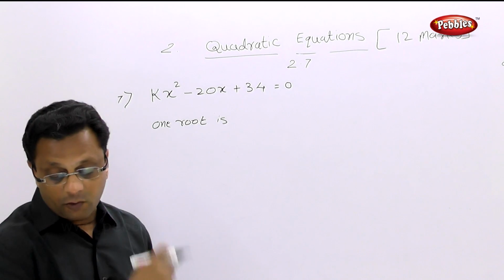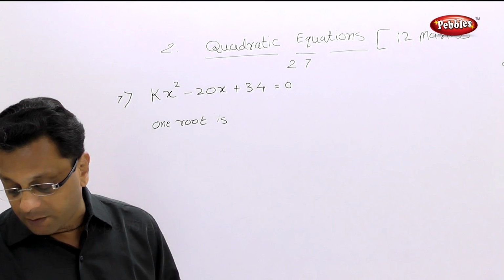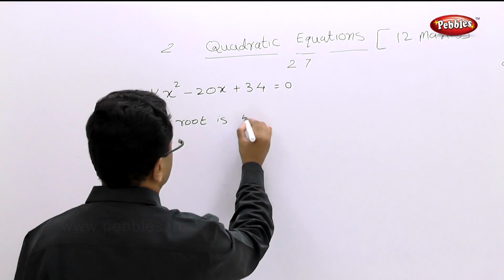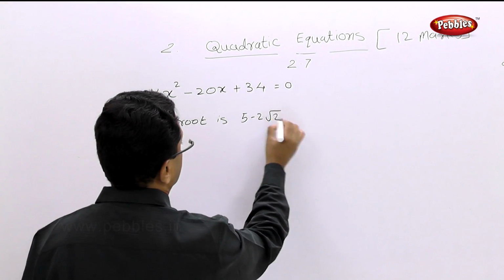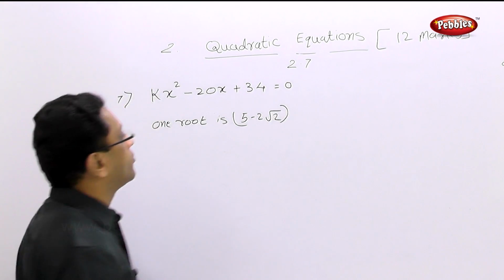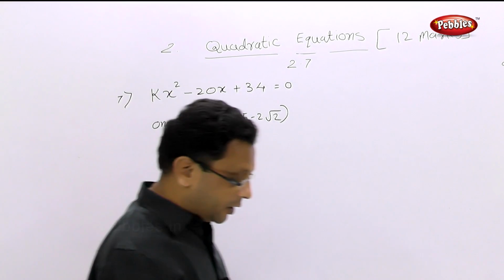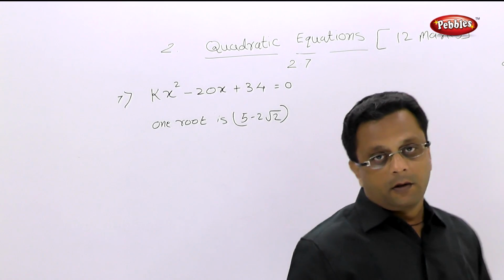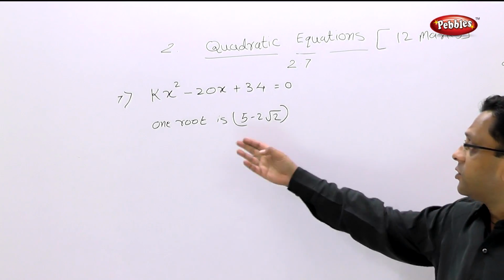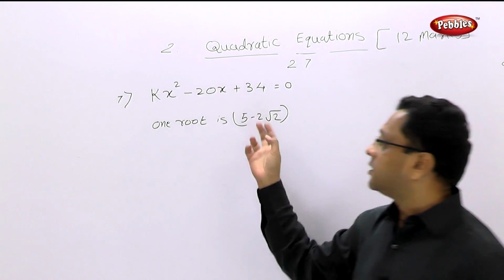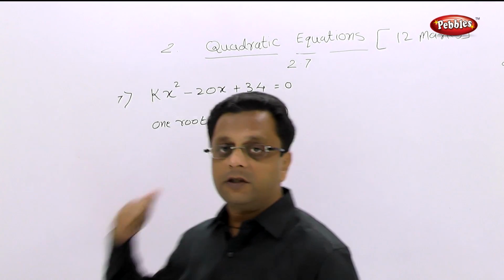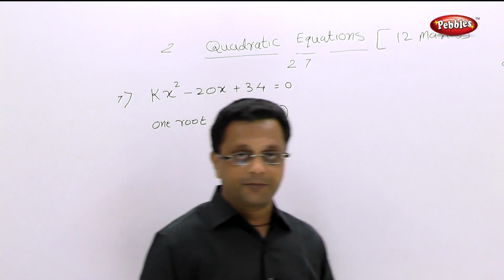If one root of this quadratic equation is 5 minus 2 root 2, find the value of k. Now we know that if this is the root, by substituting x equal to 5 minus 2 root 2, this equation must satisfy, right?